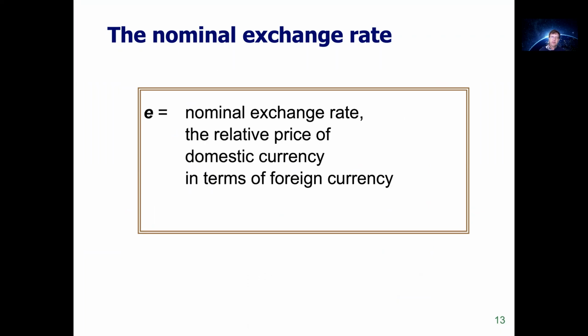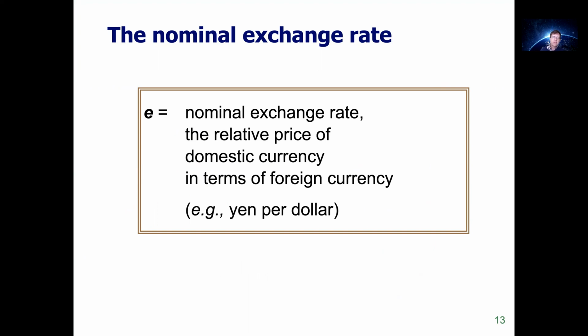Now let's talk for a bit about the nominal exchange rate and contrast it to the real exchange rate. I'll use a little e for the nominal exchange rate. That's the relative price of domestic currency in terms of foreign currency, for example, yen per dollar.